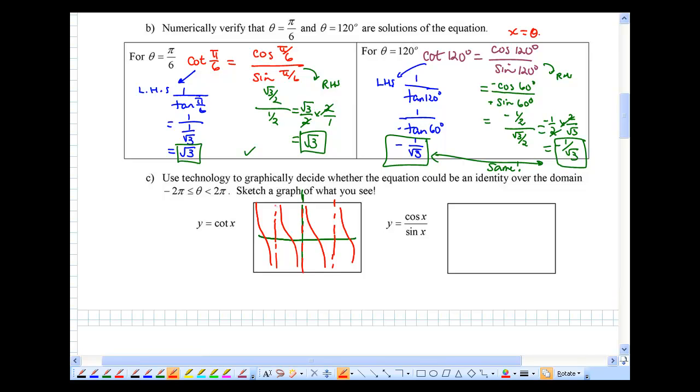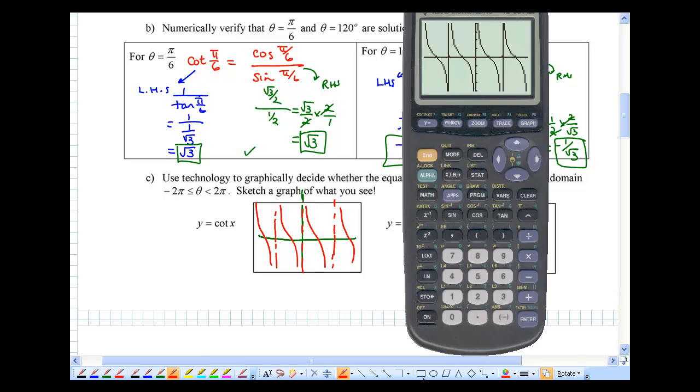Now, let me see if it's the same thing with cosine x over sine x. So I'm going back to my graphing calculator. Going to erase that. Going to type in cos x divided by sine x. And let's see what picture we get. Doesn't this look like the same thing? It looks the same to me.